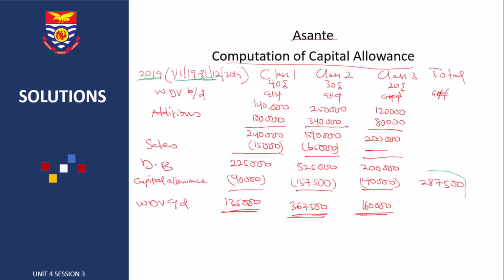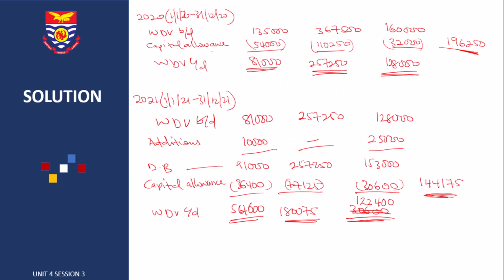Also, bringing this here is very important. So, assuming we are marking this solution, you are going to get a tick for this, this, this, this, this, this, this. You see, this is how we mark it. Then you have your depreciable base. You are going to get ticks for all these. Then capital allowance, you are likely to get 2 ticks. Then when we come here, we are only going to mark the capital allowance, get 2 ticks.